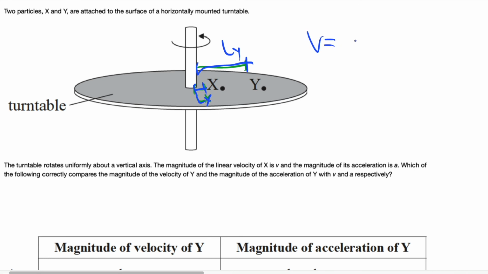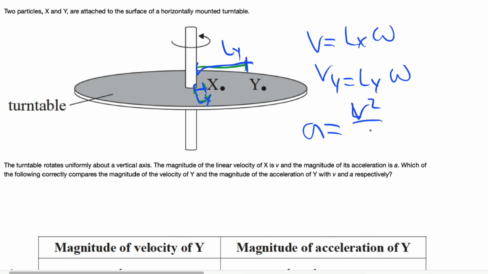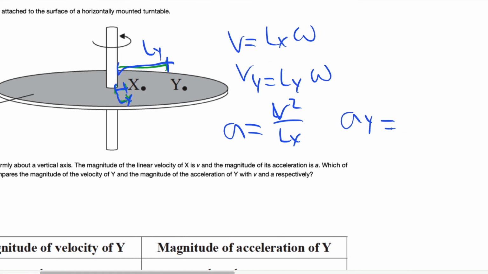So Vx is equal to Lx multiplied by omega, and Vy is equal to Ly multiplied by omega. And ax is equal to Vx squared divided by Lx, right? And ay is equal to Vy squared, which is equal to Ly squared multiplied by omega squared divided by Ly, which is equal to Ly multiplied by omega squared.